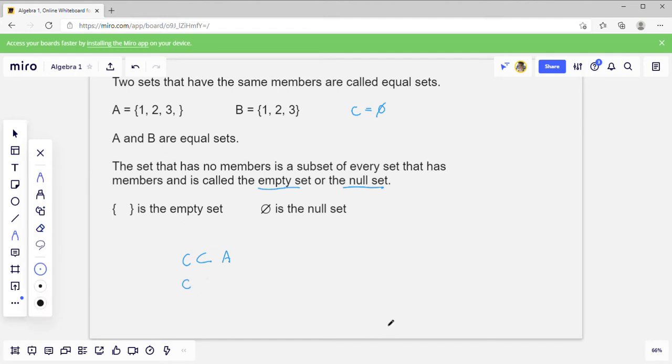C is a subset of B, but B would not be a subset of C, because C has no members, but B does have members. A could not be a subset of C. So C is a subset of A and B because it doesn't have any members. All right.